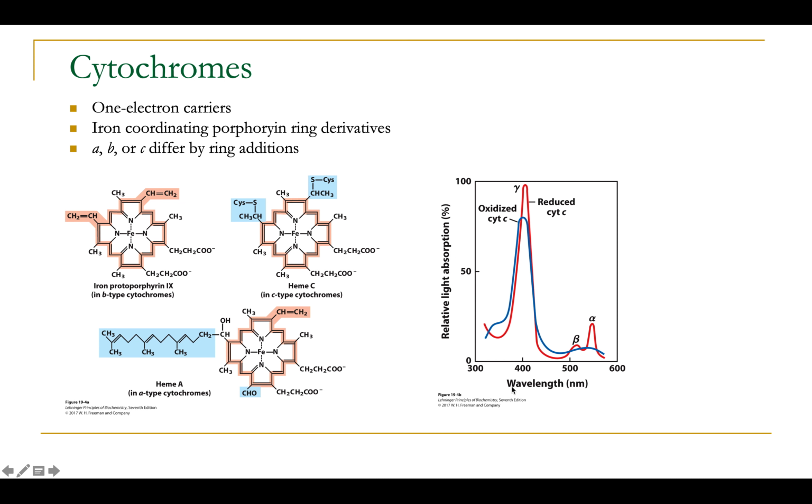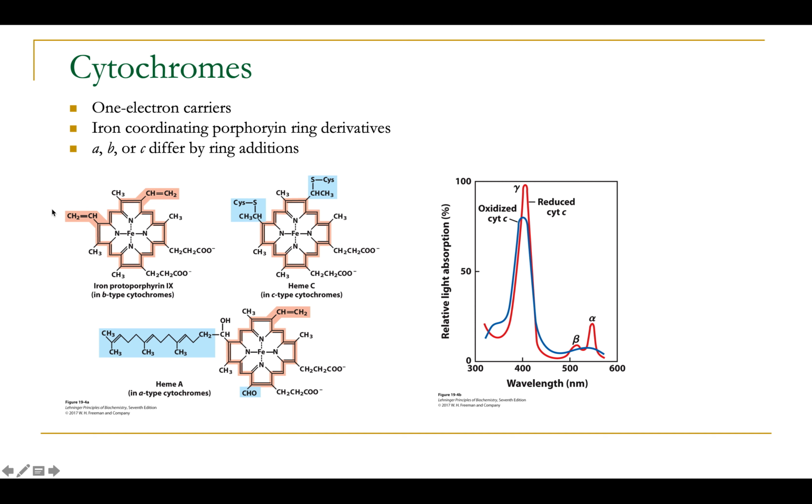And this is, for example, the light absorption spectrum of soluble cytochrome C with curves showing the absorption spectrum of the oxidized form and the reduced form. So based on the spectral properties, the cytochromes are classified into three major types: A, B, and C.